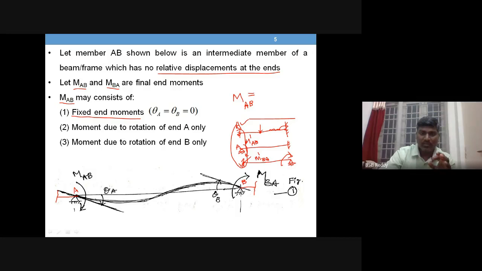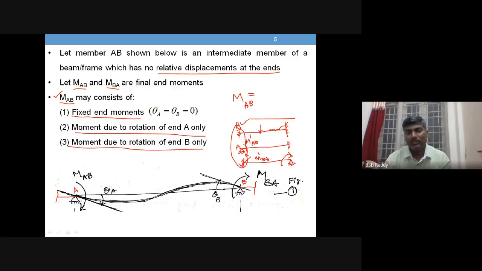So it is a combination of three values: fixed end moments, nothing but moments from loads; moment due to rotation at A; and moment due to rotation at B. If you add these three values, you will get the end moment at A. Similarly, B also. So this is the reason for moment at any continuous support.